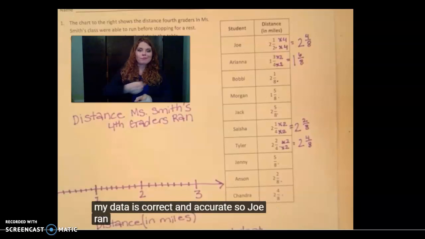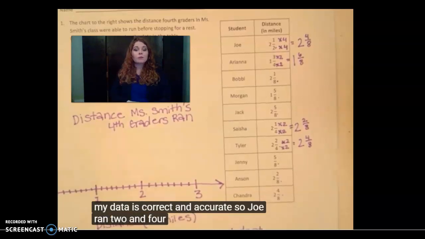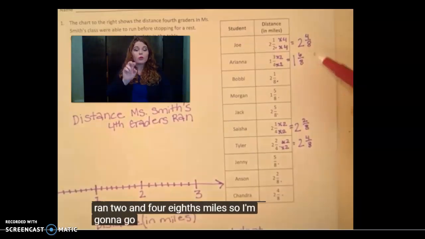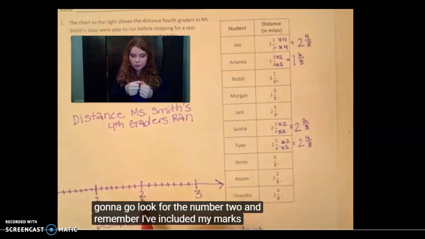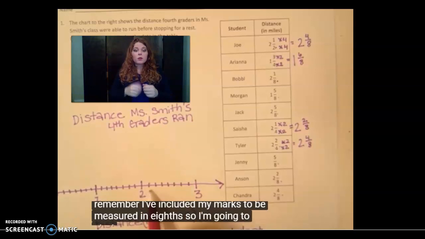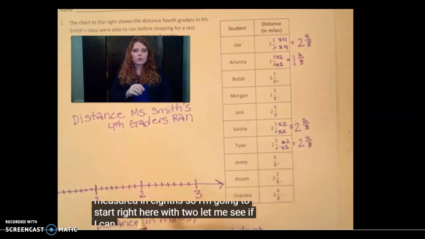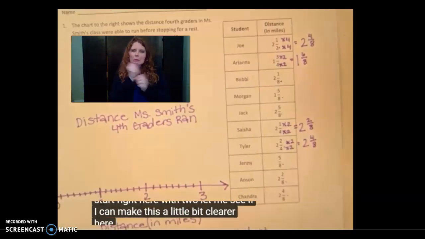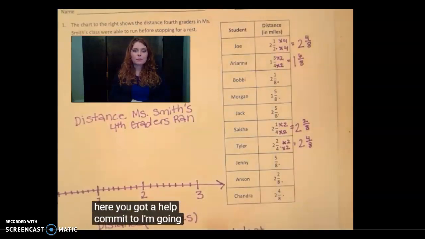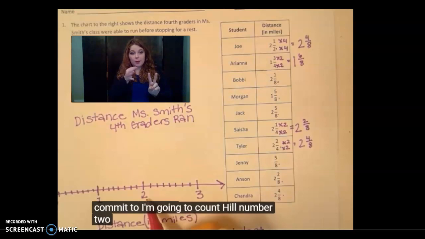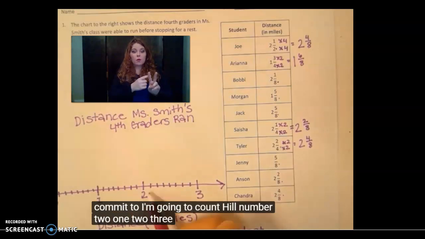So Joe ran 2 4/8 miles. So I'm going to go look for the number 2. And remember, I've included my marks to be measured in eighths. So I'm going to start right here with 2. Let me see if I can make this a little bit clearer here. Maybe that'll help. I'm at 2, and I'm going to count: 1, 2, 3, 4, 2 4/8.